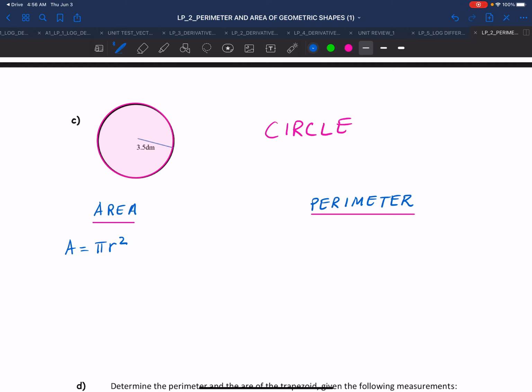The radius here is given to be 3.5 decimeters. And we know that pi is just a number in the calculator. If you look at your calculator, it looks just like this, right? Use the calculator to find the product, pi r squared.